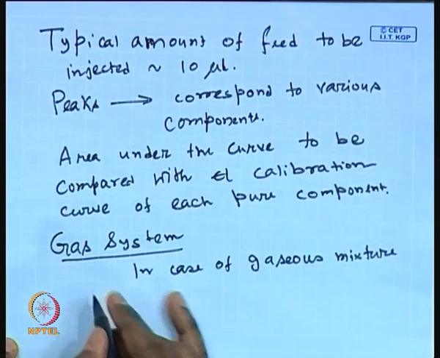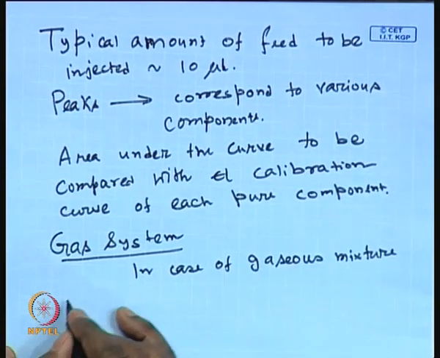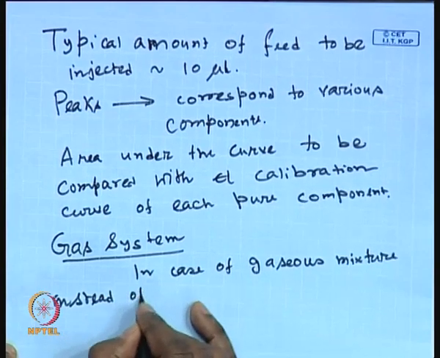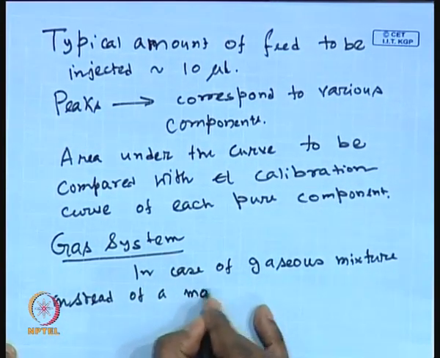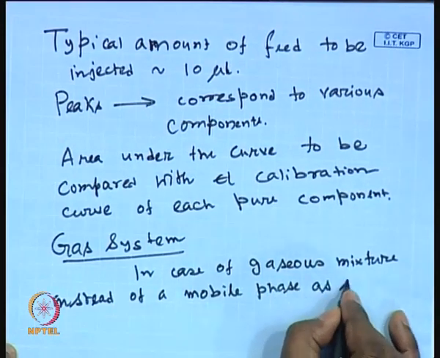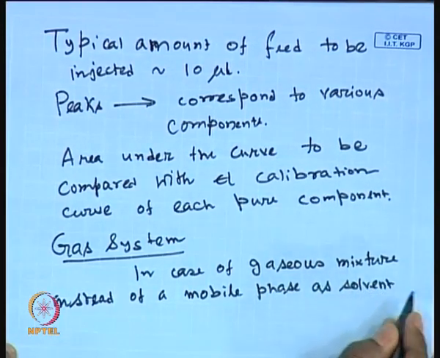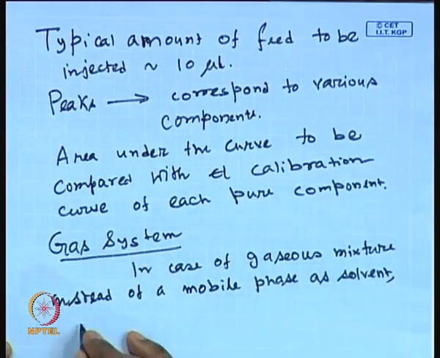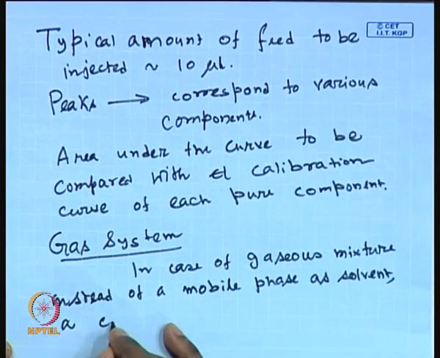In case of a gaseous mixture, instead of a mobile phase as a solvent, the mobile phase was solvent in case of liquid, right. In this case, the mobile phase will be gaseous, a carrier gas is used.